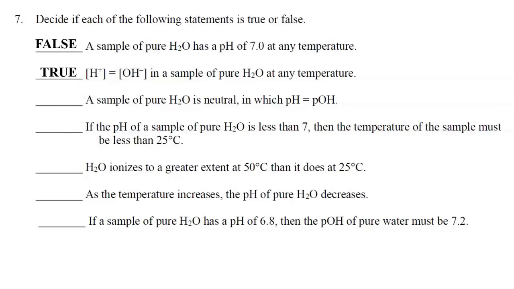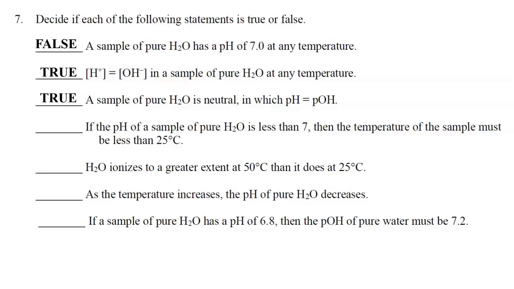The next statement says a sample of pure water is neutral in which pH equals pOH. Yes, that is also true. If the concentration of H plus is equal to the concentration of OH minus, then when you take the negative log of those values, you will get the same result. So pH equals pOH is another good definition of what makes water neutral.